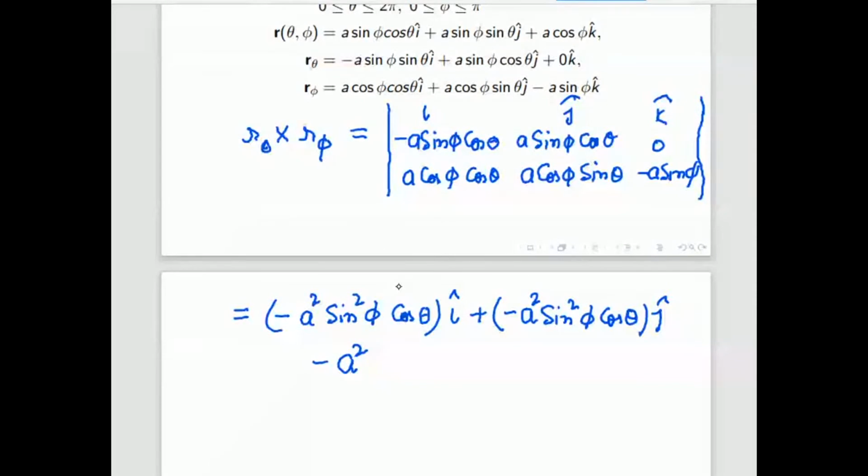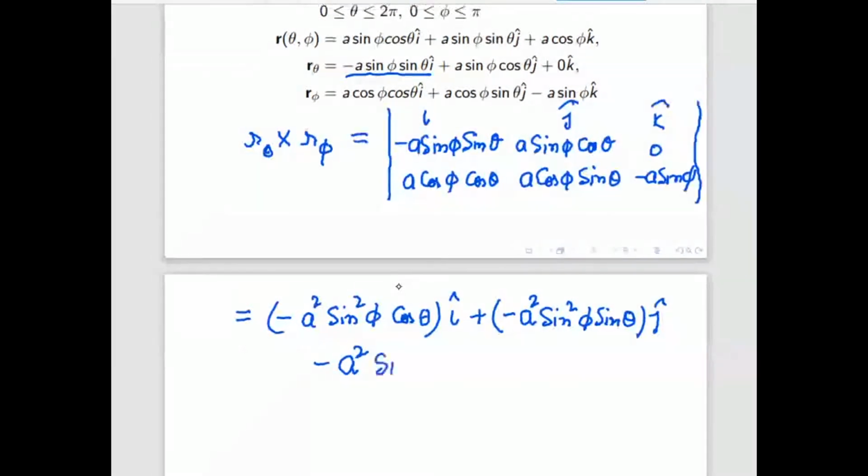This one is sin theta, this component, so this will also change here. For j it will be sin theta here. And the k component will give sin phi cos phi. This also gives sin phi cos phi. That means a square sin phi cos phi k cap.